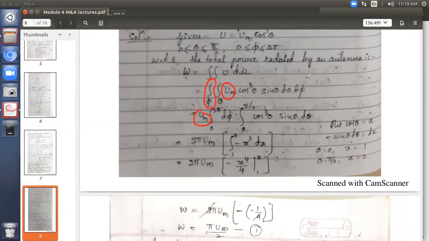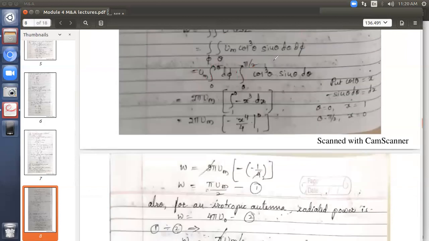This integration I have clubbed with phi, 0 to 2 pi. And this inner integration theta, it is unidirectional, cos cube theta sine theta d theta. This is into, apply the integration, it will be phi, apply the limits, it will be 2 pi minus 0.